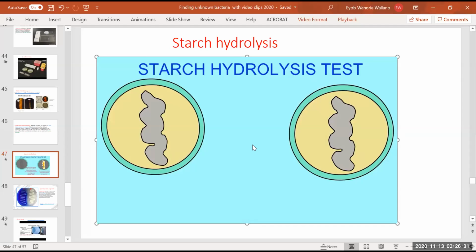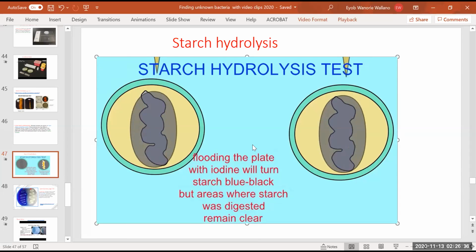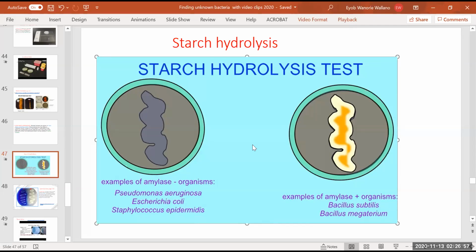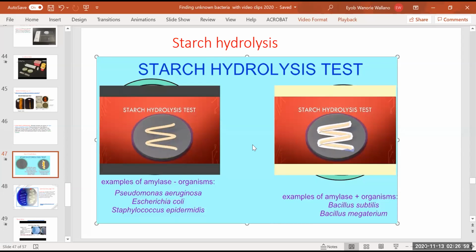When the plates are flooded with iodine, the iodine will convert the starch to a blue-black color. If bacteria produce amylase, the area around them will not turn blue-black because the starch is no longer present. It has been digested, and the area will be clear instead. So a clear zone around the bacteria indicates that the bacteria make the enzyme amylase. They are amylase positive.